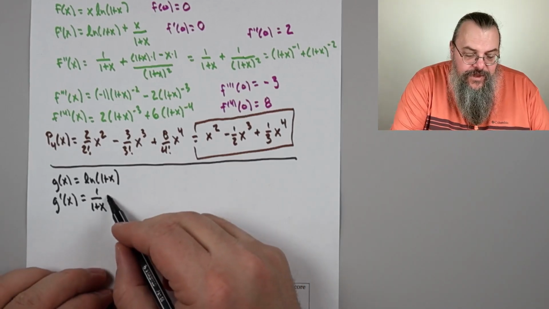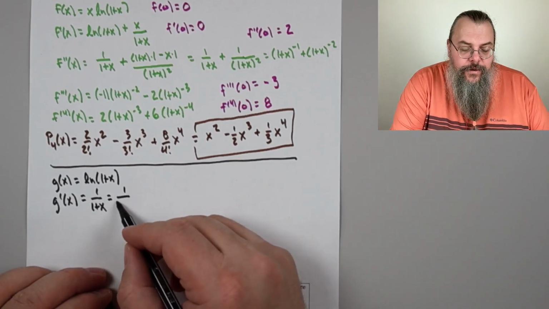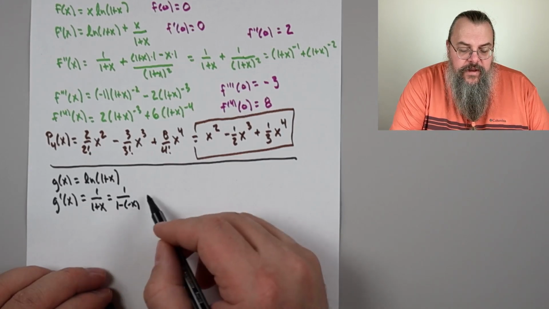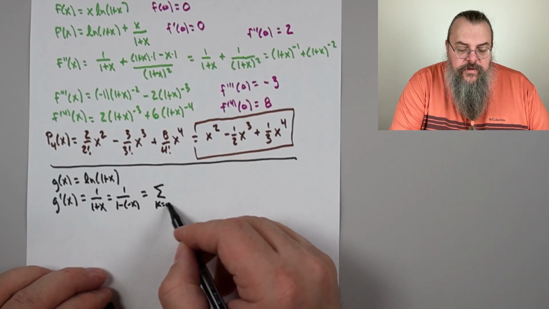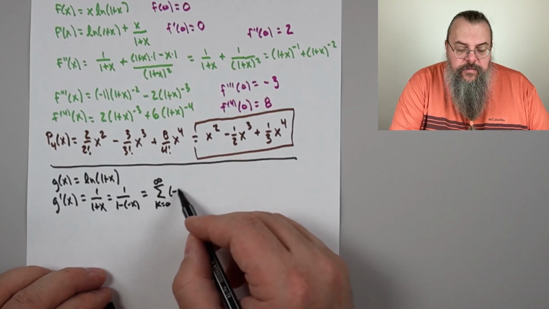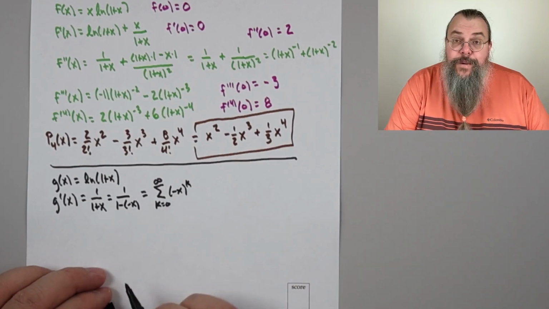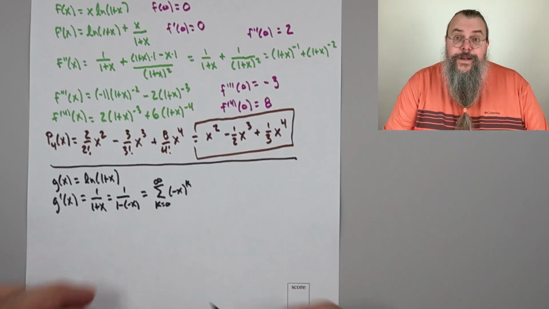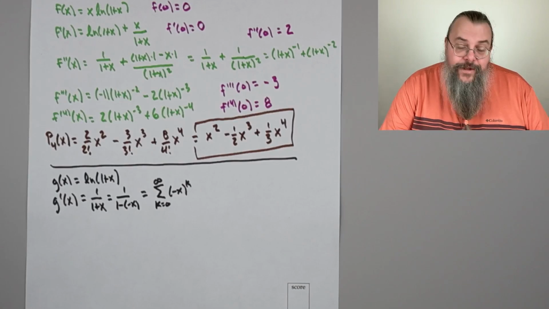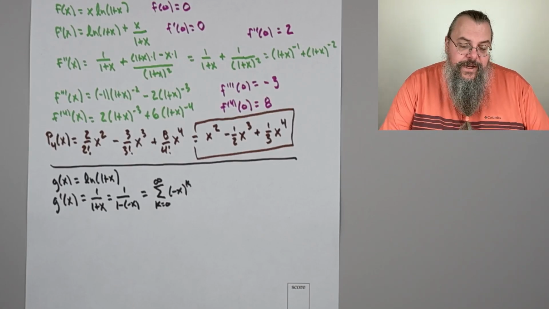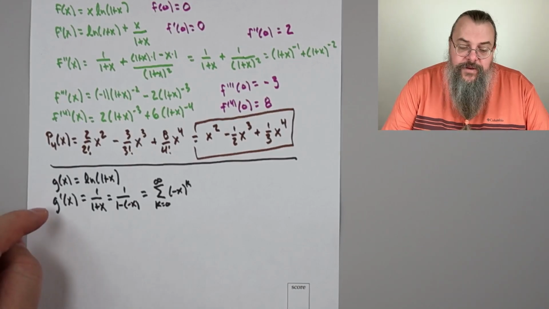In other words, if you think about this as 1 over 1 minus x, that's the sum from 0 to infinity of minus x to the k power. That's really cool, actually.